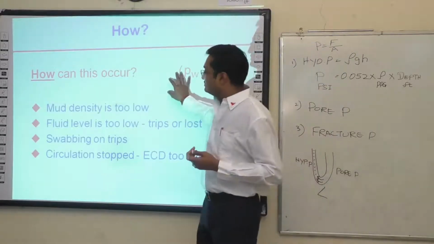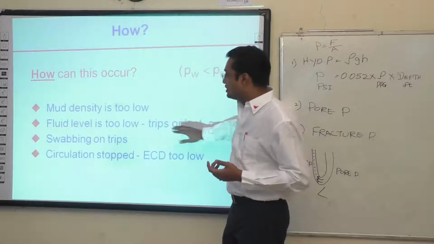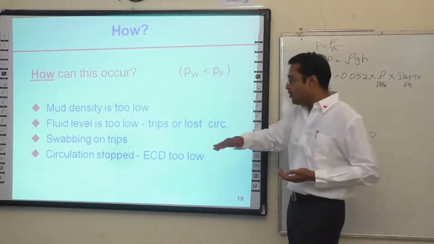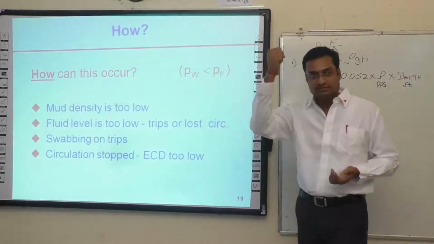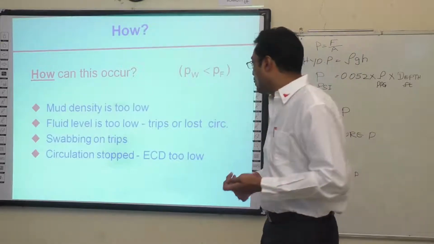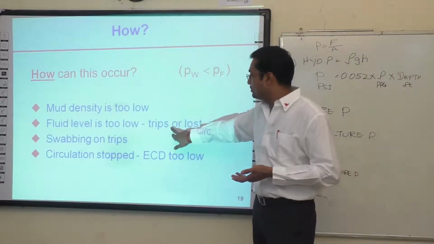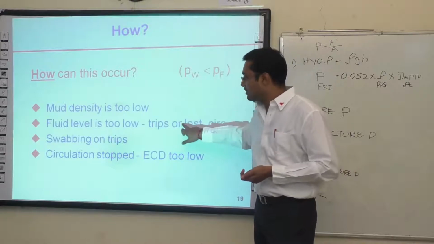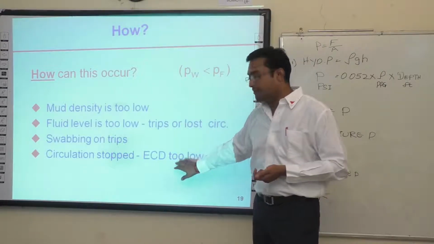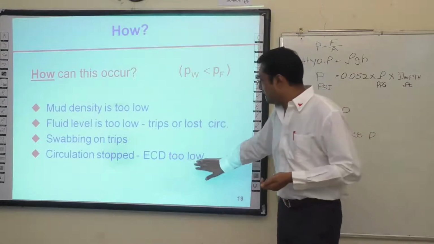When will this happen? When mud density is low, the fluid level is too low, during swabbing when you are pulling the pipe, or when you have lost circulation, since the fluid level reduces. And when you stop the pumps, ECD is low.